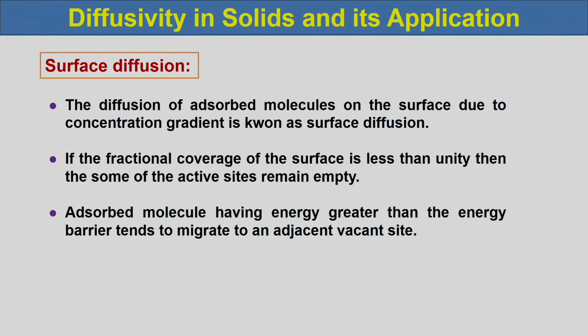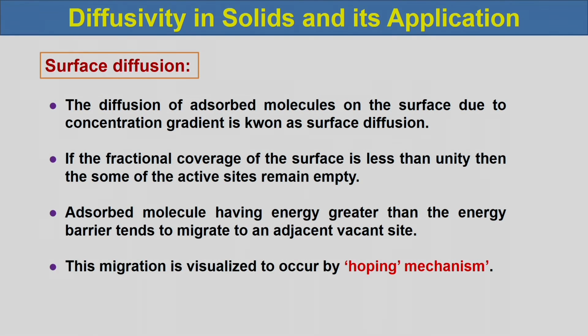Adsorbed molecules having energy greater than the energy barrier tend to migrate to an adjacent vacant site. So, this migration is visualized to occur by a hopping mechanism. So, this type of diffusion is known as surface diffusion, where the molecules diffuse from one active site to other adjacent active sites which are vacant through the hopping mechanism.